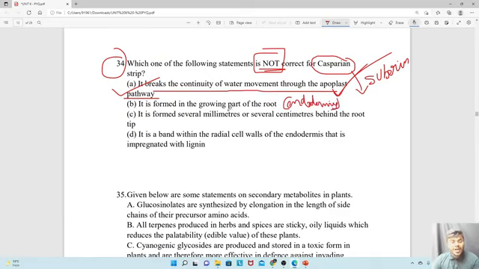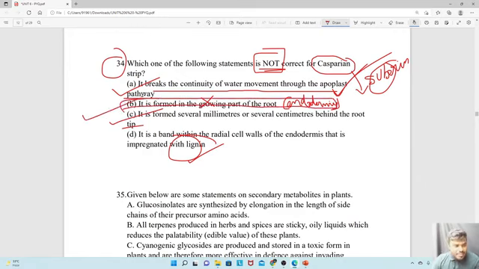It is formed in the growing part of the root. That cannot be. This is the wrong statement. It is formed several millimeters or several centimeters behind the root tip. Right statement. And what does the Casparian strip contain? Suberin, and it also contains lignin. Hence, the statement which is not correct is B.